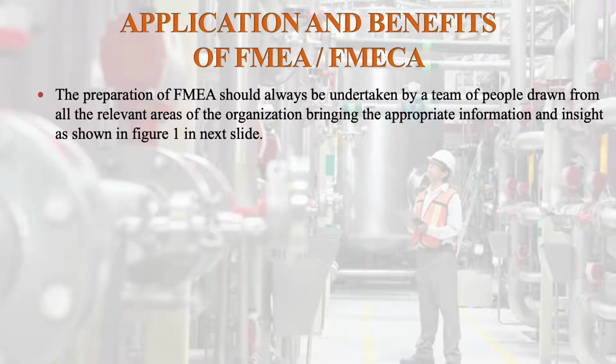Application and benefits of FMEA or FMECA. The preparation of FMEA should always be undertaken by a team of people drawn from all the relevant areas of the organization, bringing the appropriate information and insight, as shown in figure 1 in the next slide.